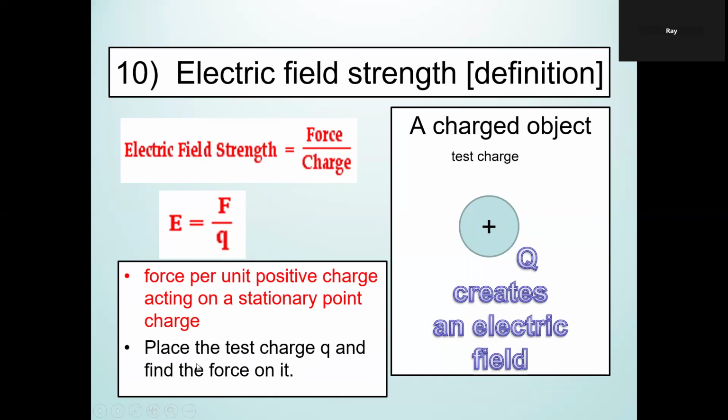That's a test charge, remember, not this charge. This charge creates the field. You want to find the field here? Put a test charge here, find the force on this test charge, and then use this equation to find the electric field strength at that point.